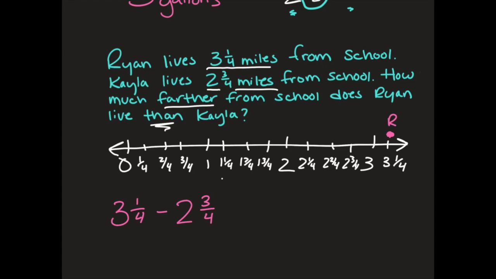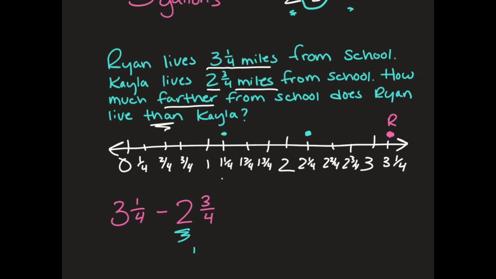So the first thing I'm going to do is subtract my whole numbers here. So I'm going to subtract the 2 first. Okay, so I'm going to go back all the way. I'm going to subtract all the way to 2 1/4. So I was just subtracting, I had 3 1/4, and I went to 2 1/4, so I subtracted 1. And I'm going to subtract the other one from 2 1/4 to 1 1/4.